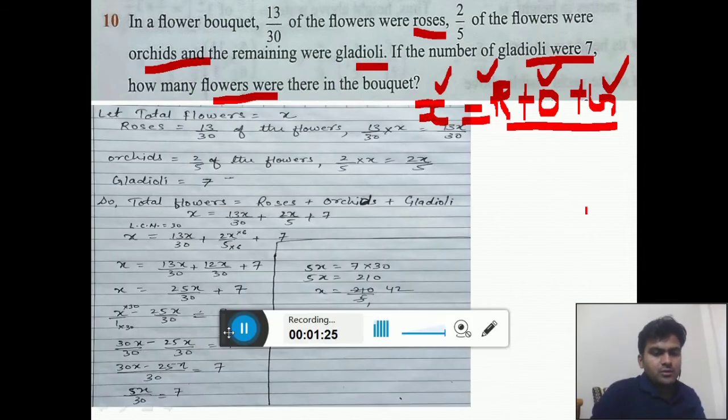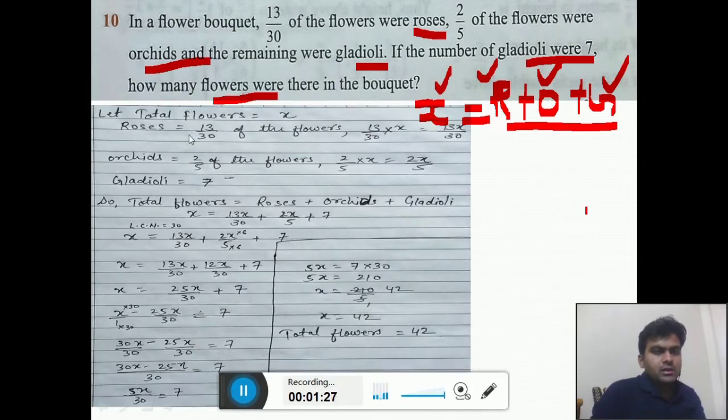So first we will find the roses in the term of X, then we will find the orchids in the term of X. So 13 upon 30 of the flowers. So we assume the total flowers equals to X. So 13 upon 30 of X means 13X upon 30. And then orchids 2 upon 5 of the flowers.